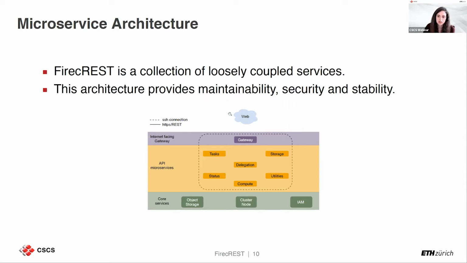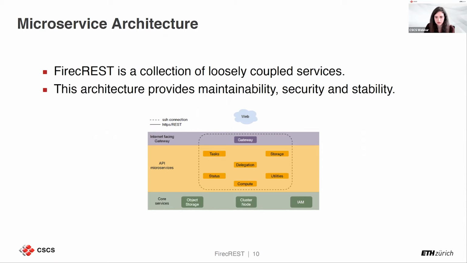And this little cloud on the top, the web cloud, is let's say some web application, and we will go through an example of what would happen if this web application makes a request to FirecREST to see how that would work.